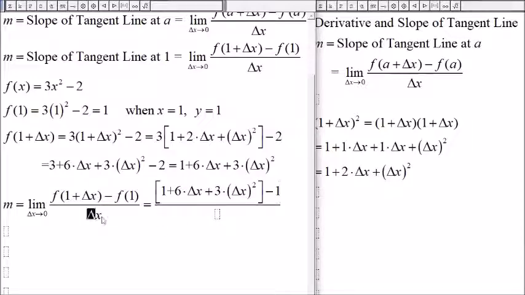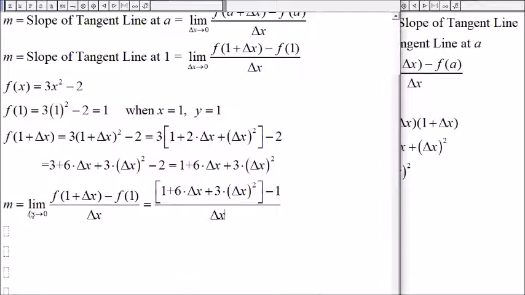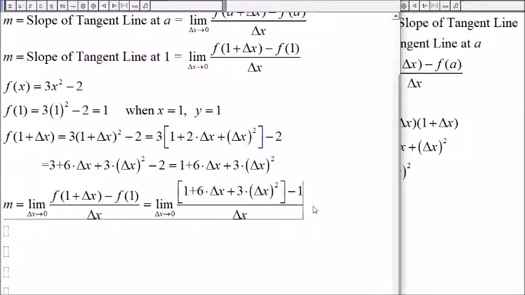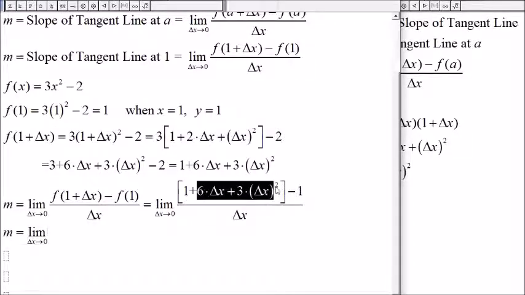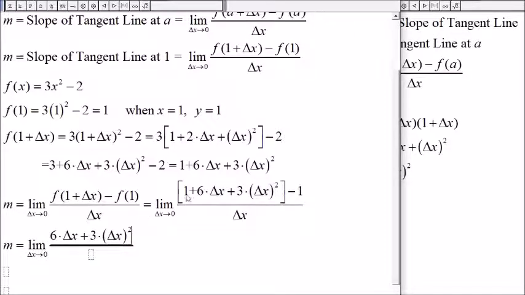And then dividing by delta x. And then we have the limit. And then notice right here, 1 minus 1 is 0. And so what's left is just this for the top. So 1 minus 1 is 0. And then dividing by delta x.